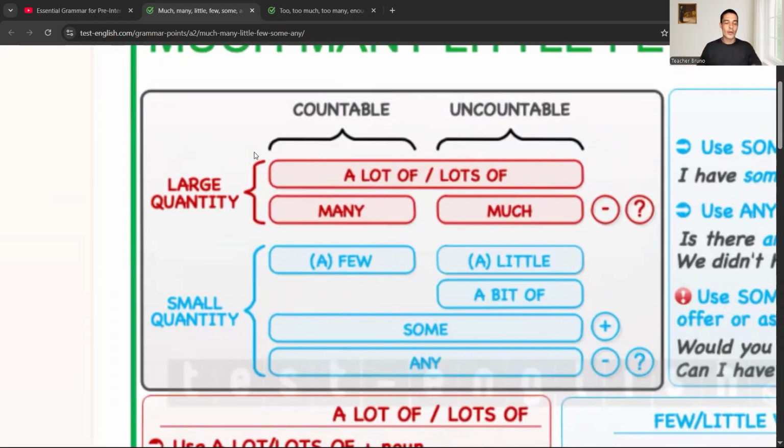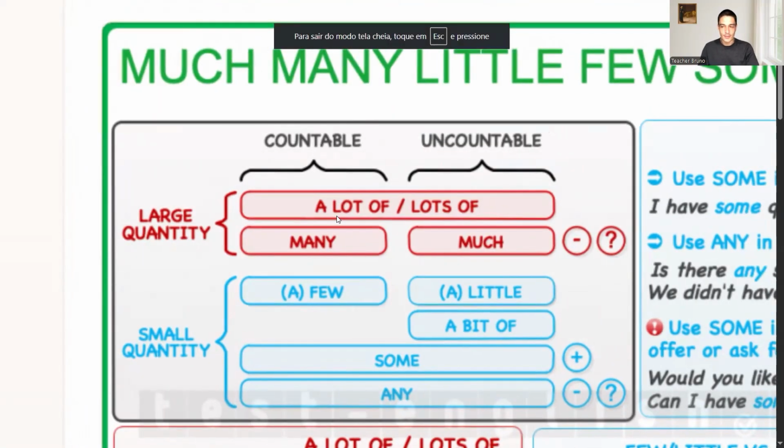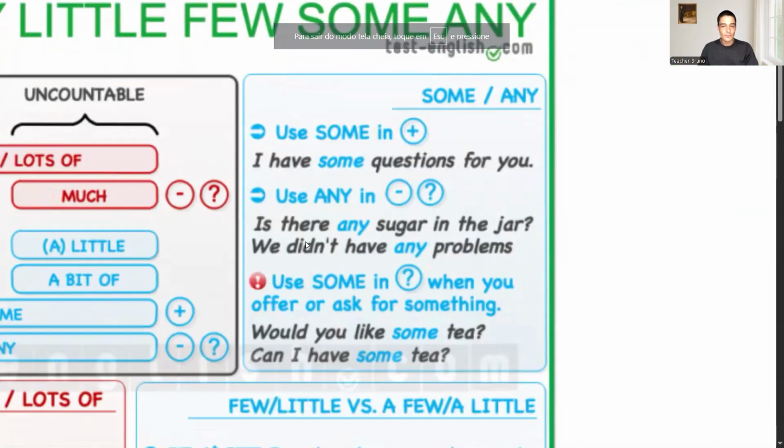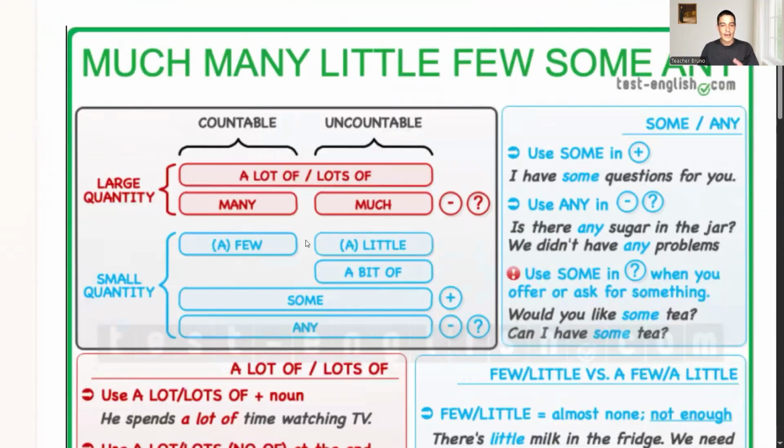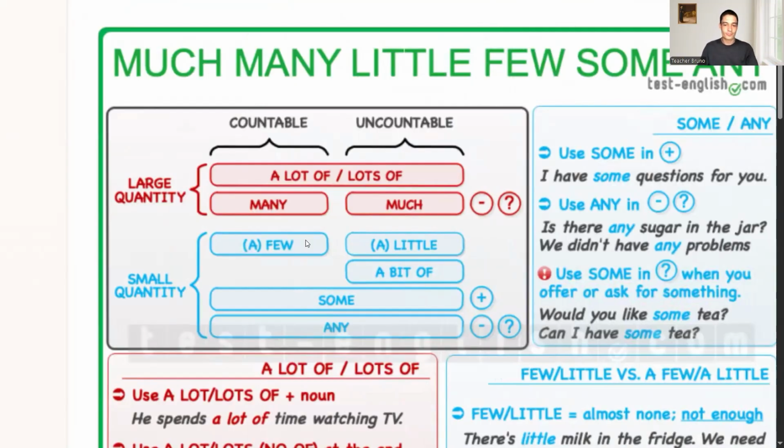For large quantities, we use many and much. Many for countable and much for uncountable. Example: I have many books. It's a large quantity.